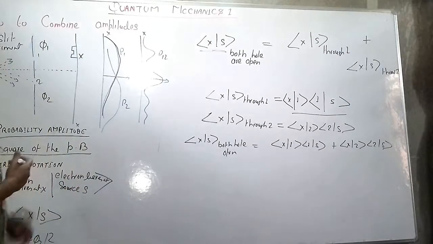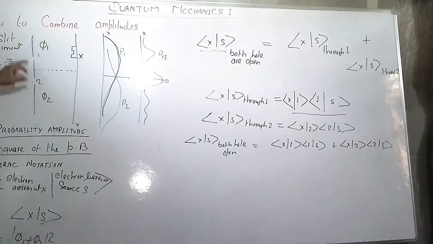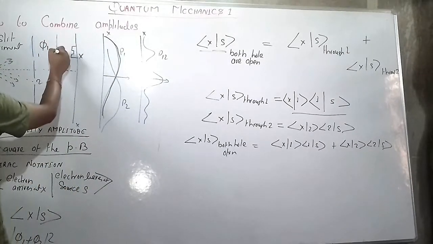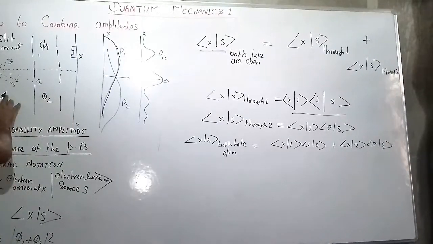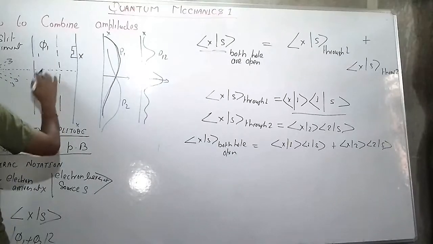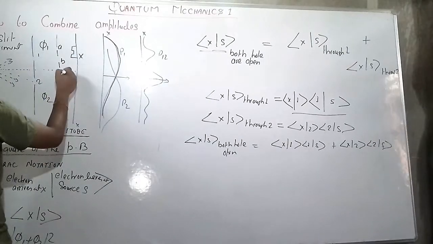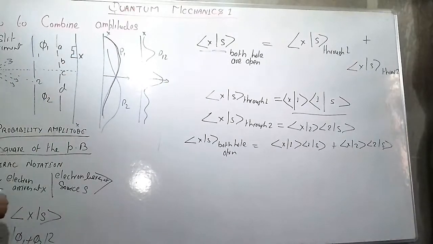Now suppose that instead of just 1 and 2 there are more holes like this. So the electron has to cross not only holes 1 and 2 but also A, B, C, D. How can we write the probability amplitude for this?